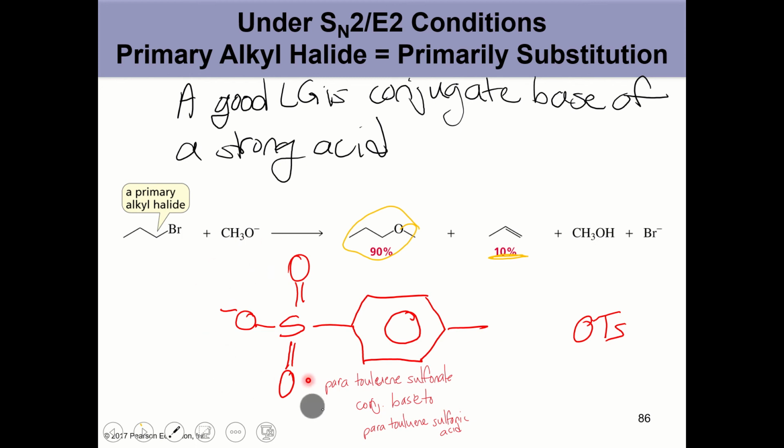So for example, one of the leaving groups used frequently on the ACS exam is abbreviated as OTs, which is the paratoluene sulfonate ion. So this is the conjugate base of the strong acid, paratoluene sulfonic acid. And any acid which contains the sulfonate group, SO3, is going to be a strong acid.